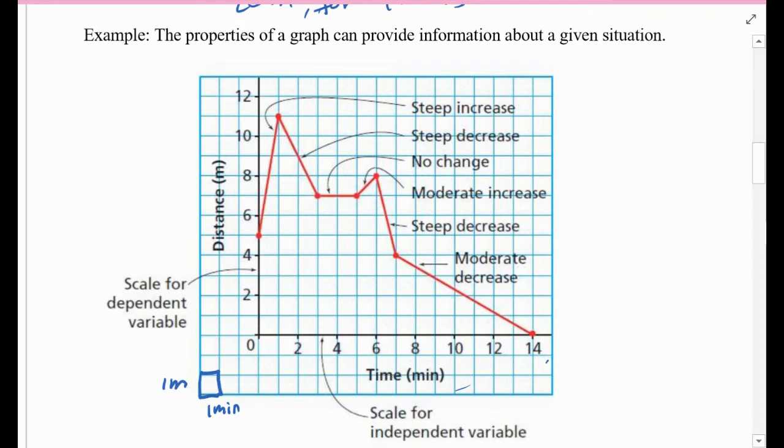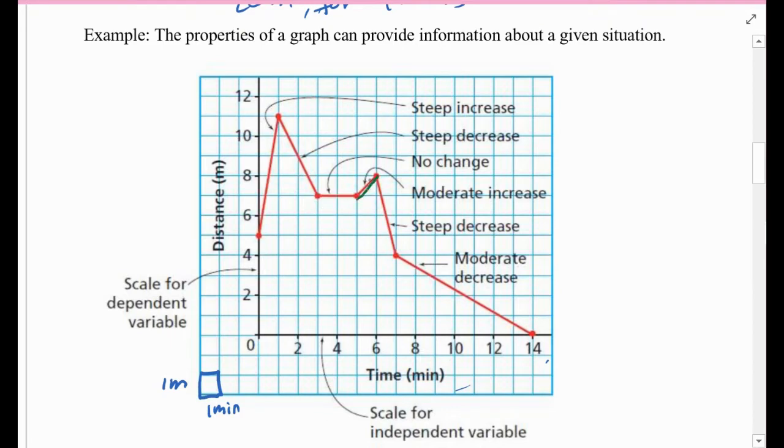Say your distance from home is 5 meters initially, and as the time increases, the distance from home is increasing. So you're moving forward. Then the distance is decreasing, so you're going back home. Then the distance stays the same, that means you're stopping.